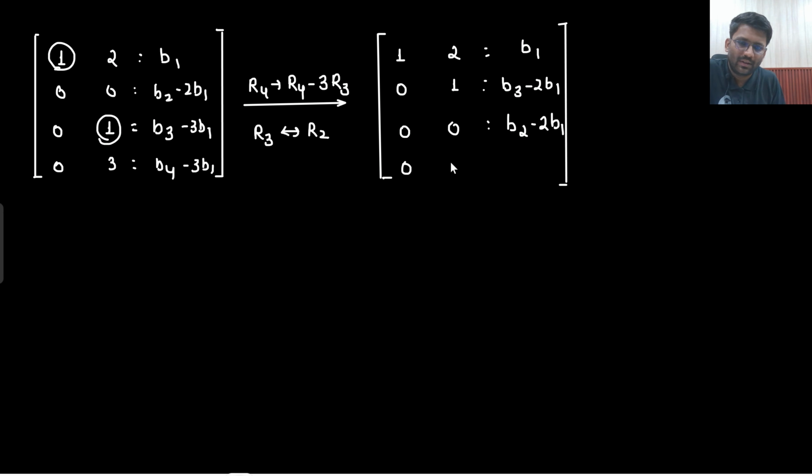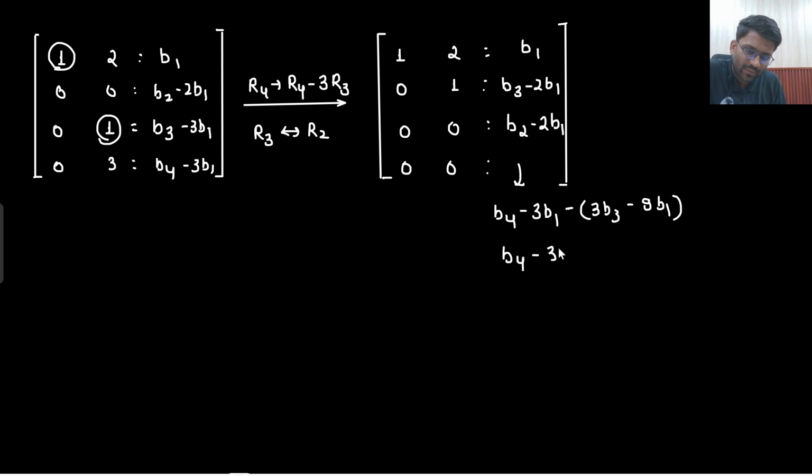So 0, and at this place, B4 minus 3B1 and thrice of this I will subtract, so 3B3 minus 9B1. So we get B4 minus 3B3 plus 6B1. Okay, so this is the scenario that you are getting.